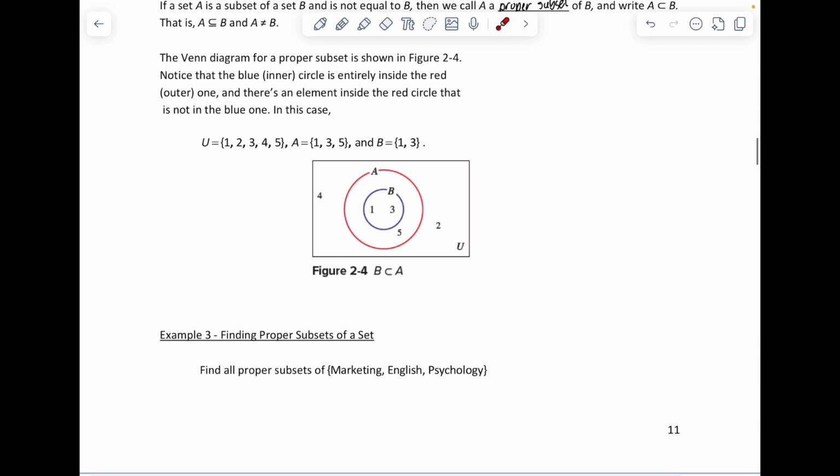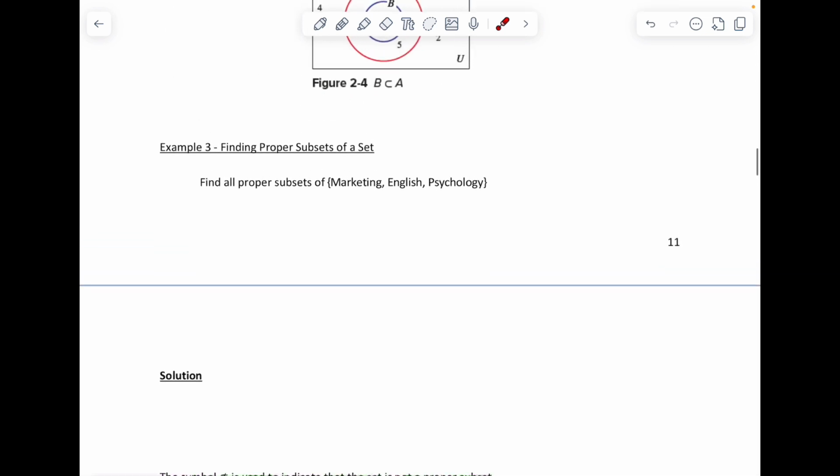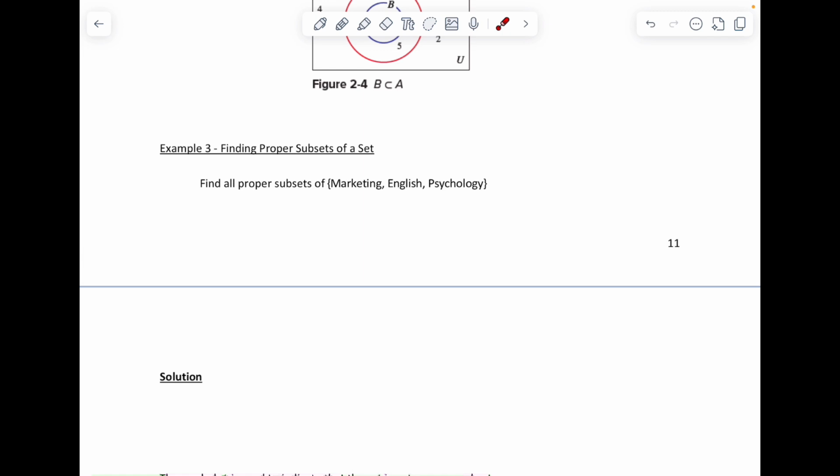Okay, so let's do another example. We want to find all of the proper subsets of the set that contains the words marketing, English, psychology. Let's list them down here. So remember, the proper subsets are the ones that are not equal to the original set. So we're not going to include the subset that has all the same elements. We'll only include subsets that have fewer than 3 elements.